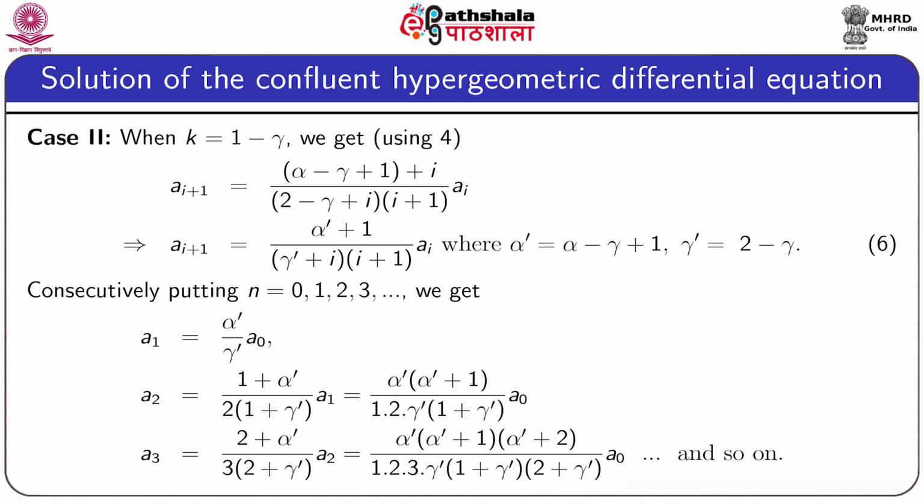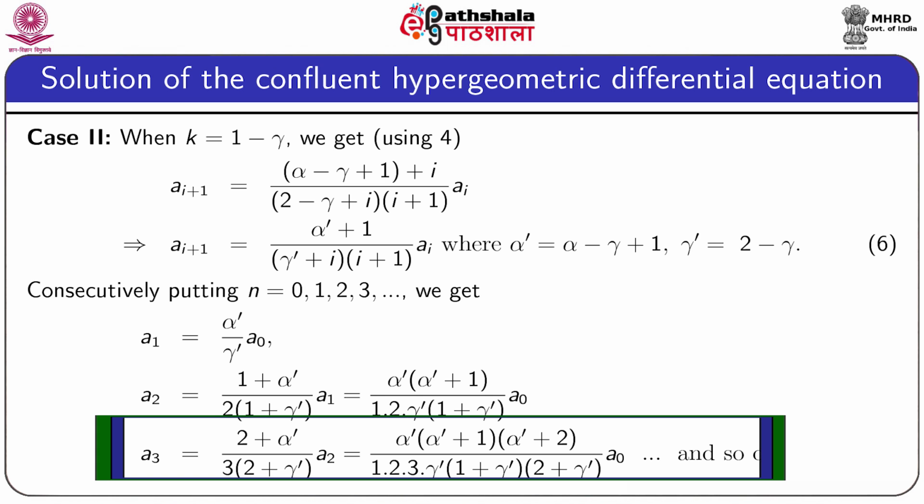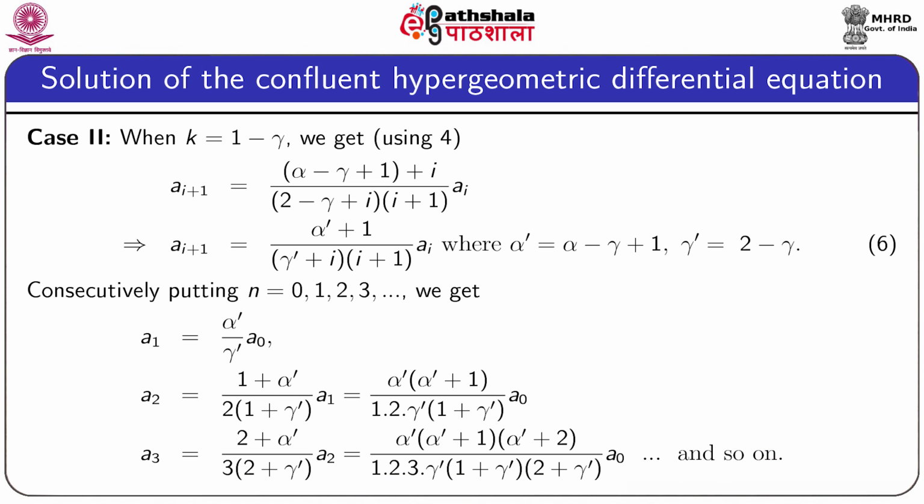In the similar manner, we can calculate a3 is equal to alpha dash into alpha dash plus 1 into alpha dash plus 2 divided by 1 dot 2 dot 3 into gamma dash into 1 plus gamma dash into 2 plus gamma dash a0.